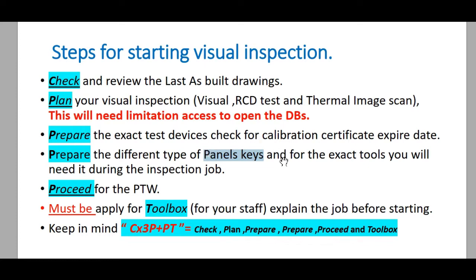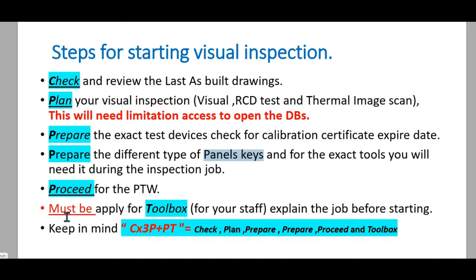Also we must prepare all the exact tools we will need during our inspection job, especially if we are going to open the doors of the DB. Some DBs have a double door, so we must consider these special requirements to open the DBs. And in this case we must have a special permit regarding disconnecting and connecting the main circuit breaker of this DB.